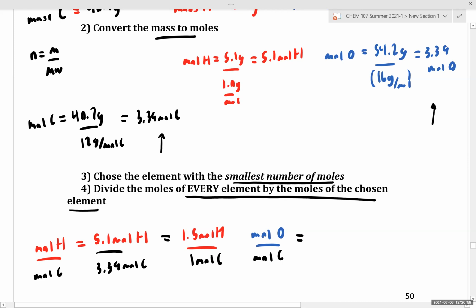What is our mole to mole ratio of oxygen to carbon? 1.5 to 1. For oxygen to carbon?